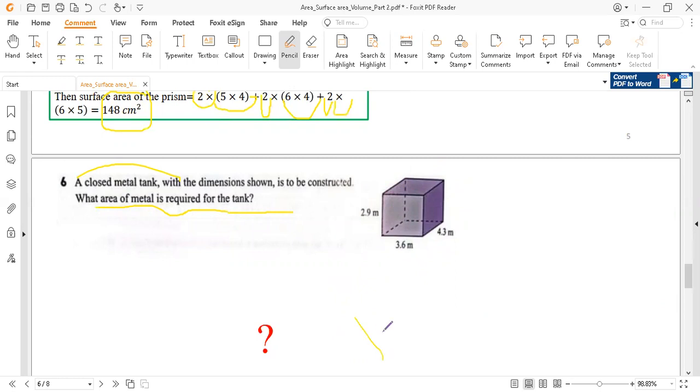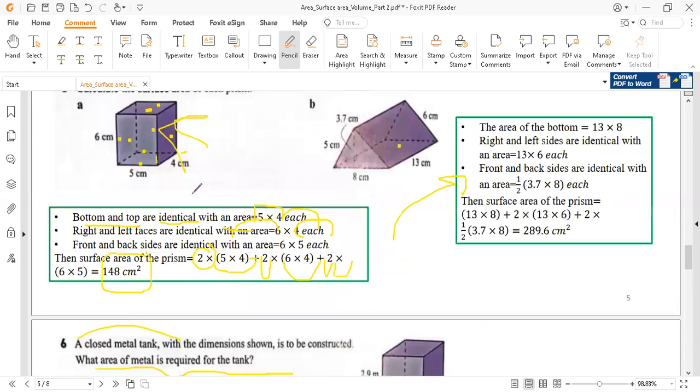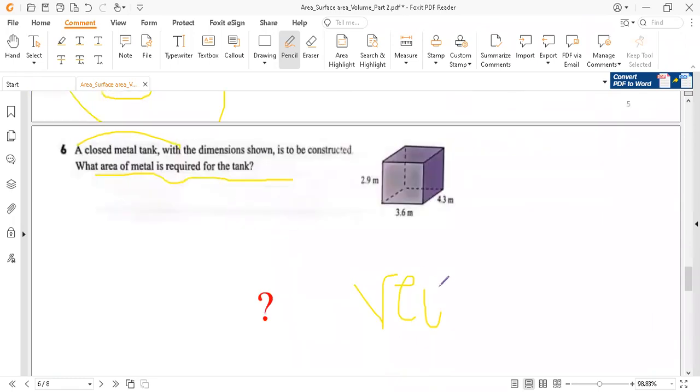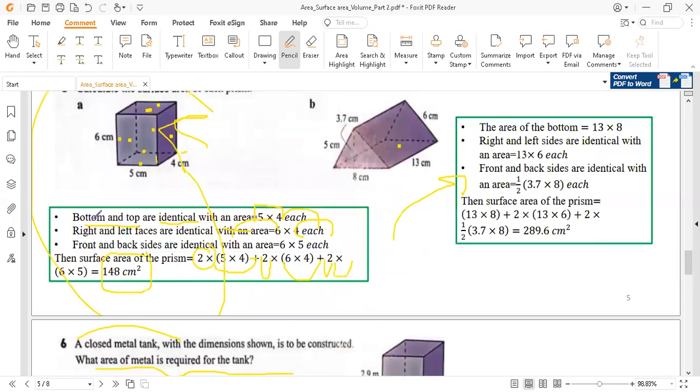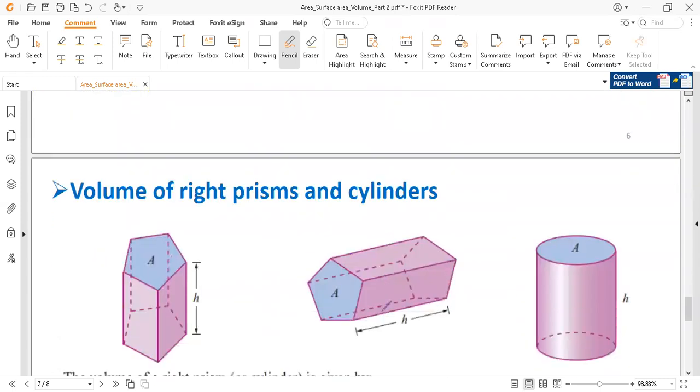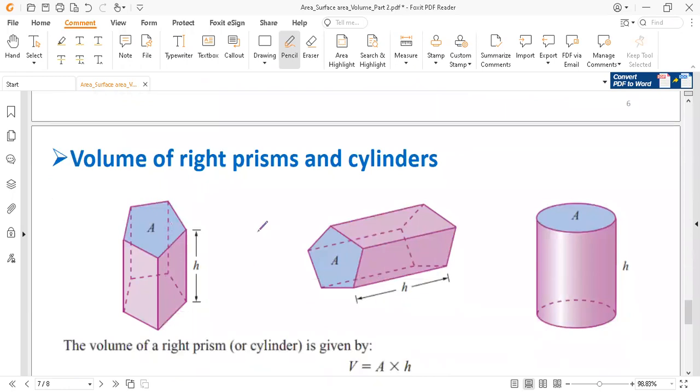So we have a rectangular prism like we had before. You can use the same strategy: bottom and top, right and left, front and back, and then a summation to obtain the surface area of the given tank.